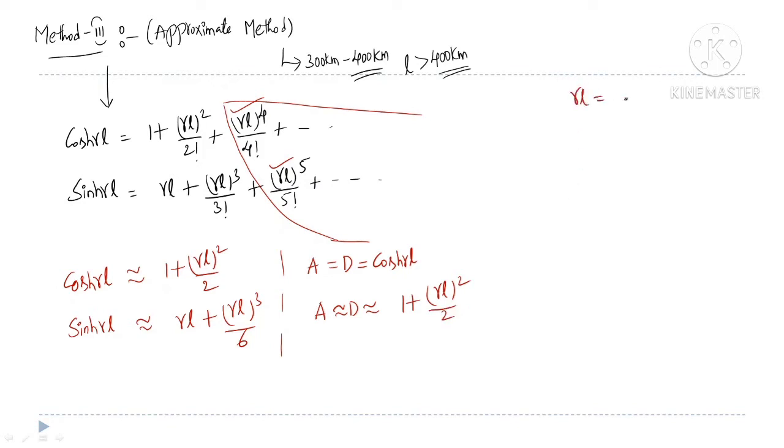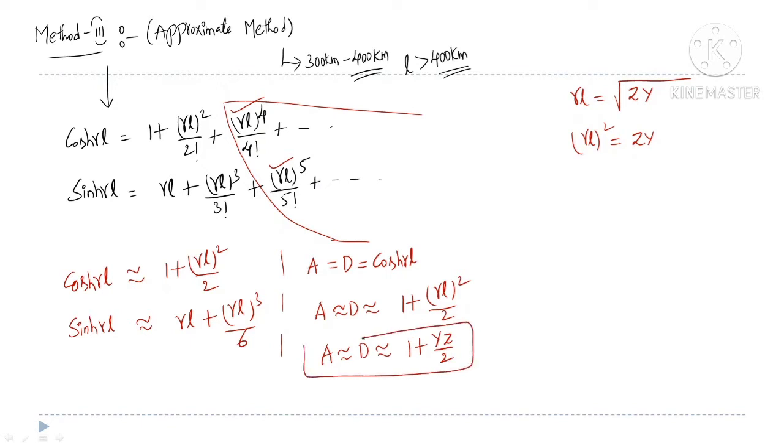Gamma L, we know this already, it is the root of the product of the impedance of the line and the admittance of the line. If you take the square of this, you will get just the product. Now what are the approximate values of A and D for a long transmission line? It is 1 plus yz by 2. These are the approximate A and D values.